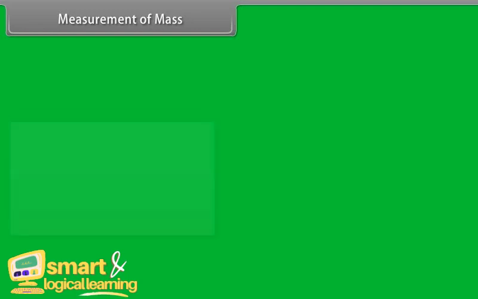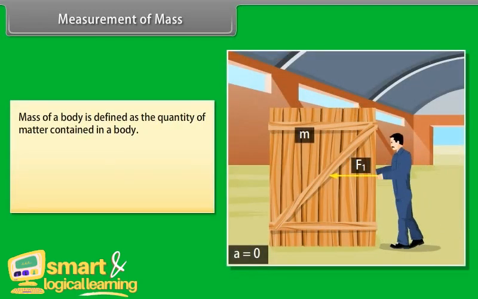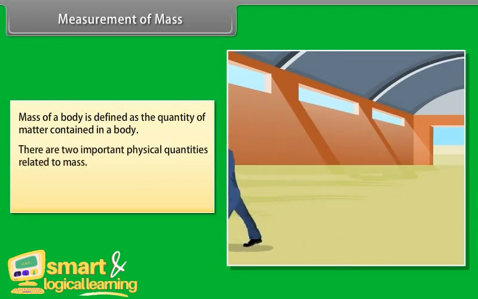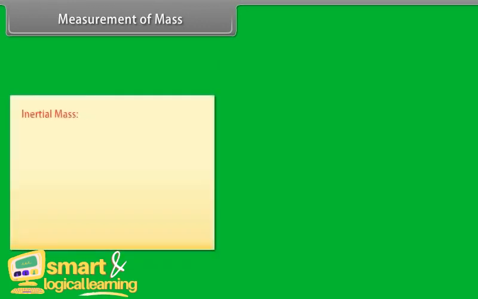Measurement of mass. Mass of a body is defined as the quantity of matter contained in a body. There are 2 important physical quantities related to mass of a body: inertial mass and gravitational mass. Inertial mass.